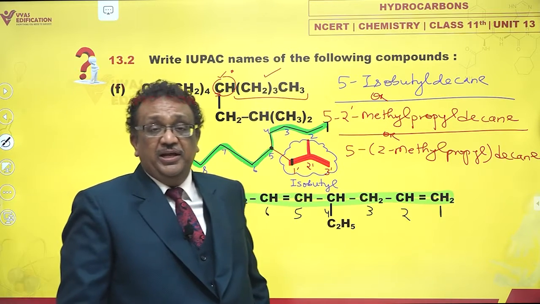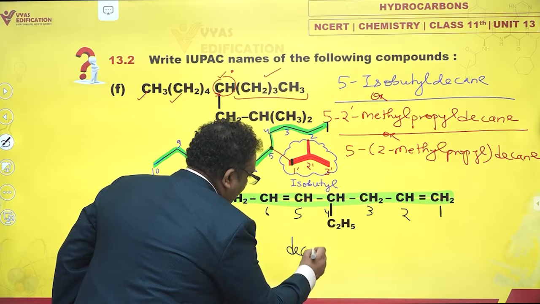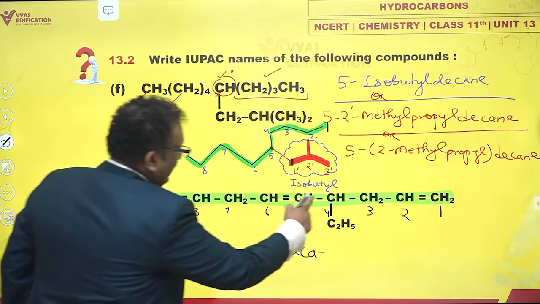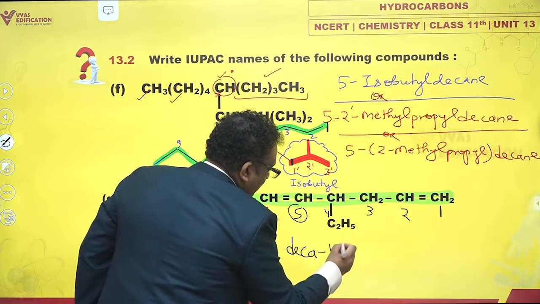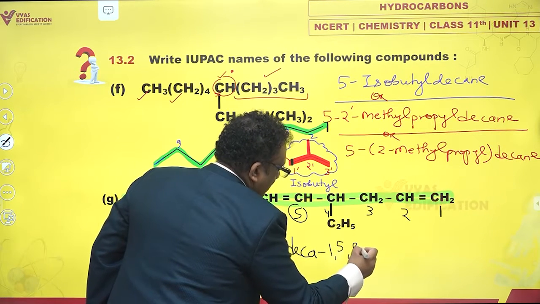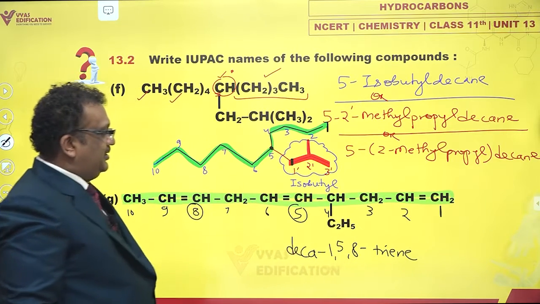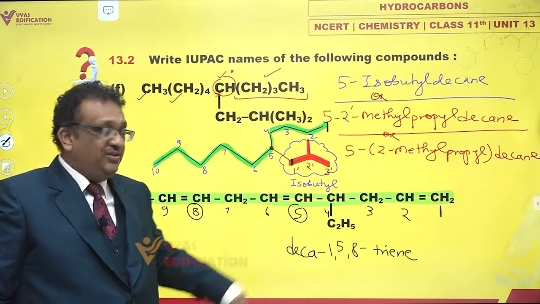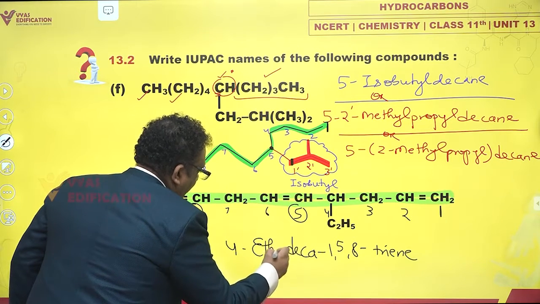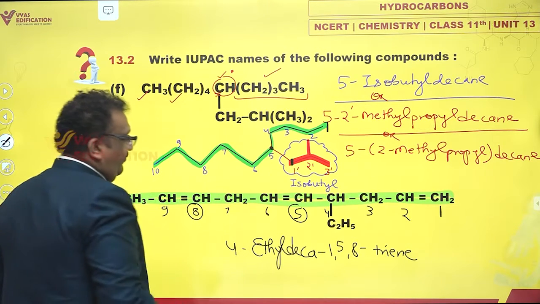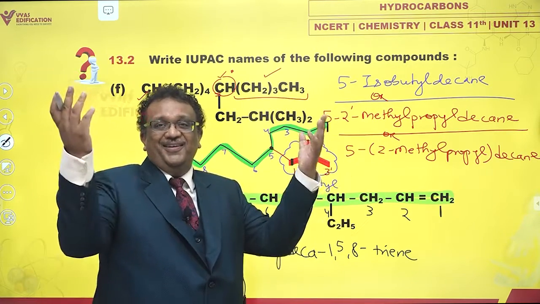So this is triene, decatriene. Deca-1,5,8-triene. It is decatriene, but there is a side chain. There is ethyl. So this is 4-ethyl deca-1,5,8-triene. That's it.